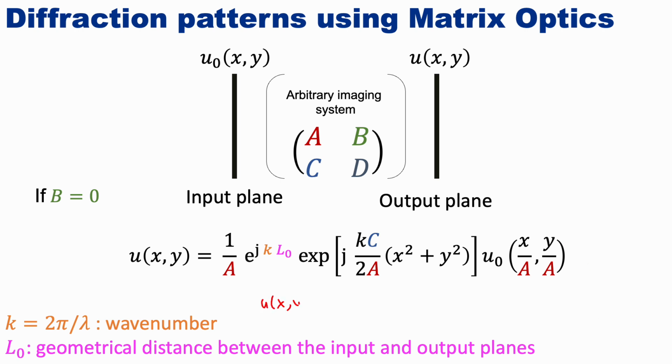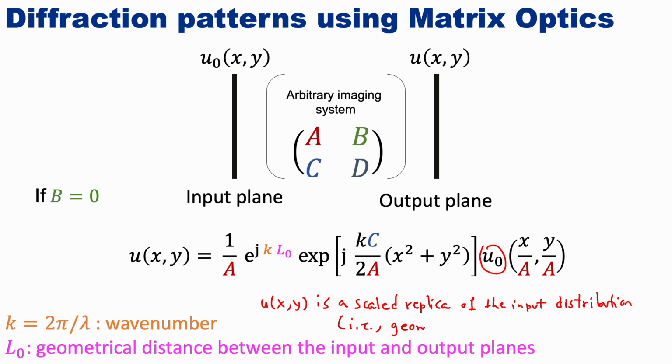your complex amplitude distribution is a scaled replica of the input distribution. So that means it's what we're gonna call a geometrical image, where A is gonna tell us the lateral magnification.